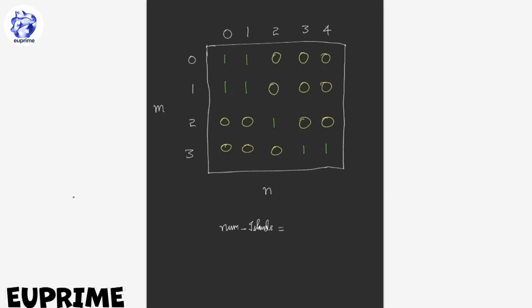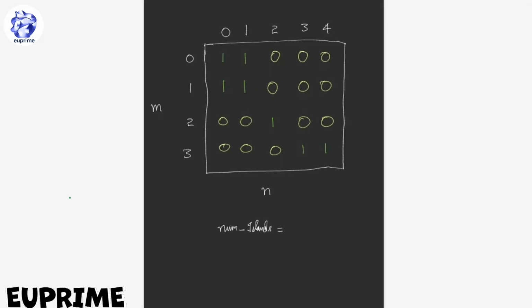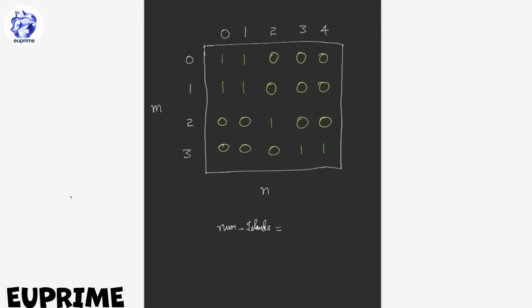In this particular example, this is the grid. As you can see, this grid is arranged in the form of rows and columns. M are the rows and N are the columns. Now, every time you traverse through this grid, you need to figure out if it is a 0 or 1.